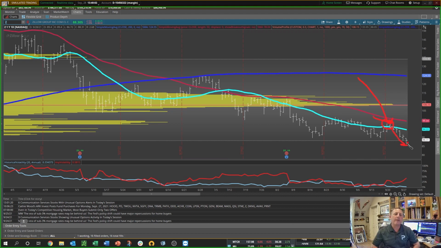Now, one other thing I want to point out to you here, okay? Look at this pattern. If I were to draw this line here, look at this pattern of lower lows and lower highs, okay? So every time the stock would go down, it would make a lower low.